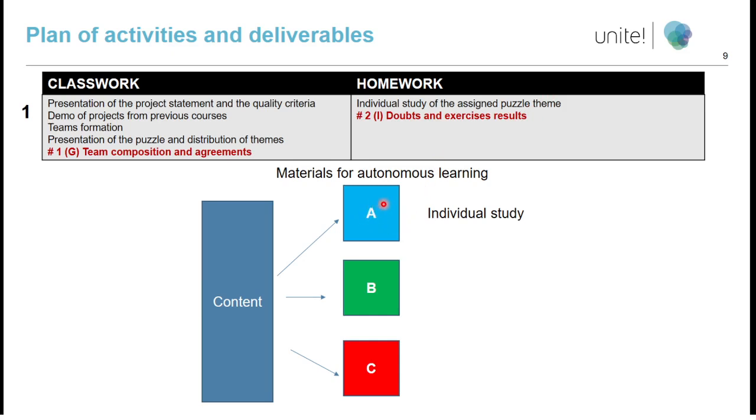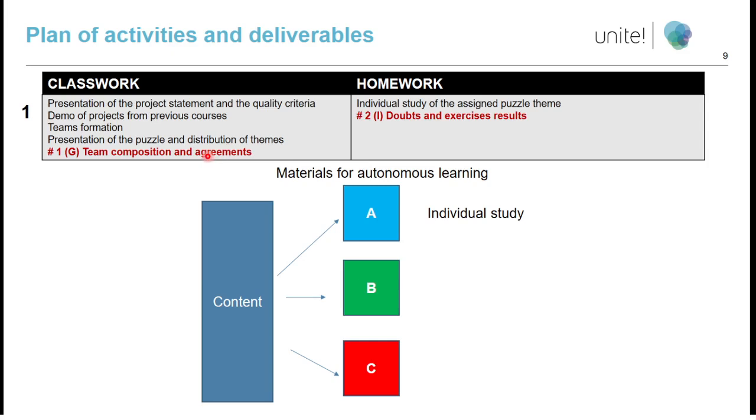In this first week, there are 2 deliverables. The team's constitution document, which is a team deliverable, made in class. In this document, team members include their names and any other information you may find useful.